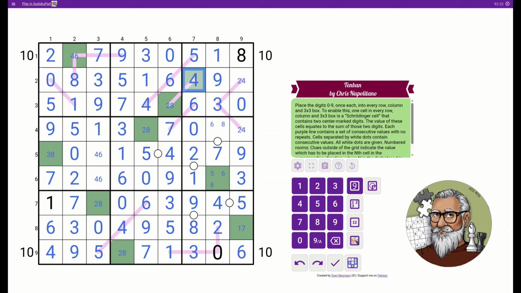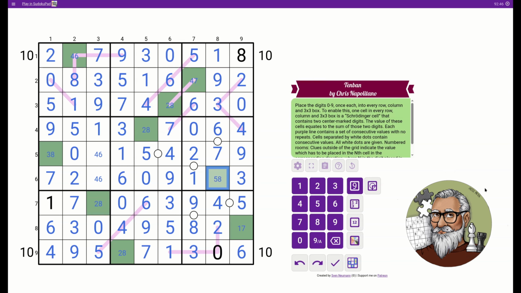No, 4, 7. Okay. This becomes a 4, this becomes a 2, and that is, well, what is that? Oh, it's not an 8, so it's a 6. And that is a 5, 8.